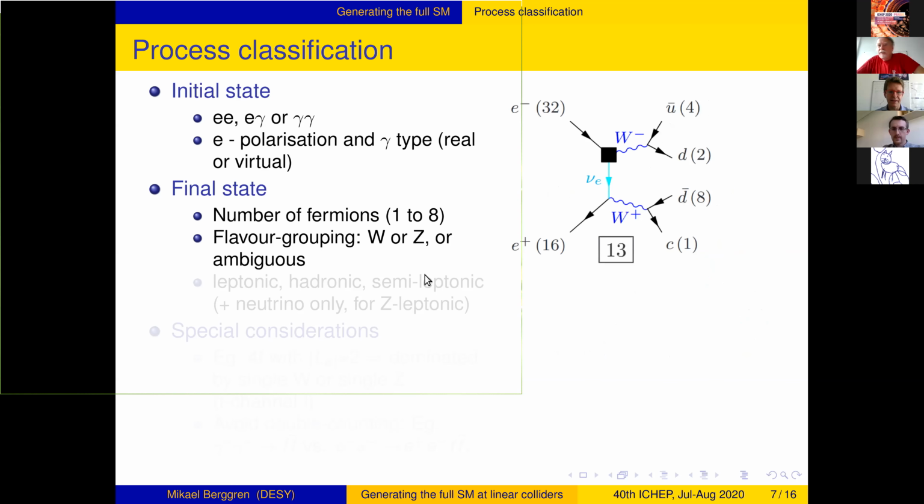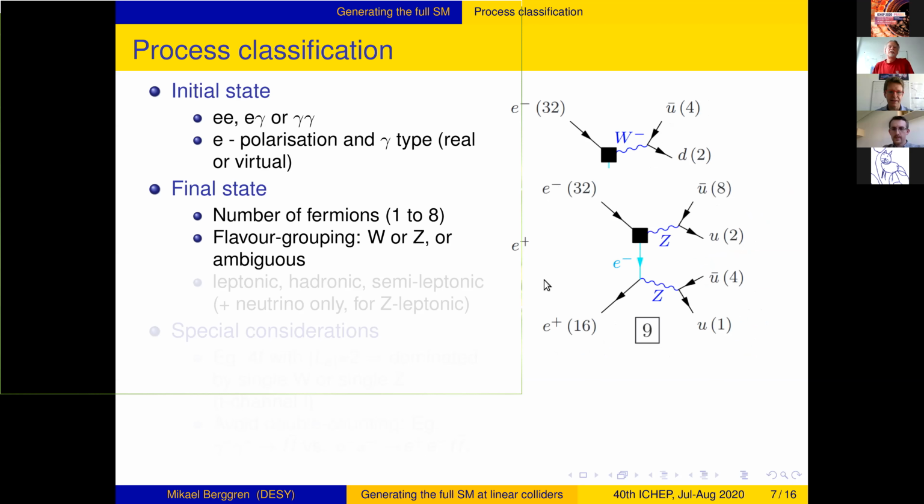Then we also have a flavor grouping. So we can distinguish a typical WW 4-quark event like this one from a typical ZZ 4-quark event like this one. This we also want to separate. And we want to separate whether the final state is leptonic, hadronic, or semi-leptonic.